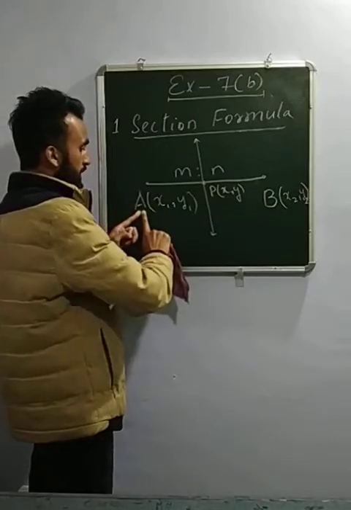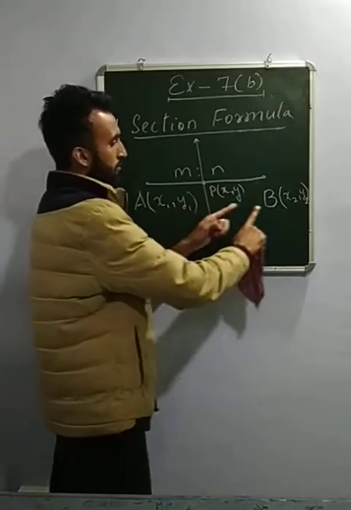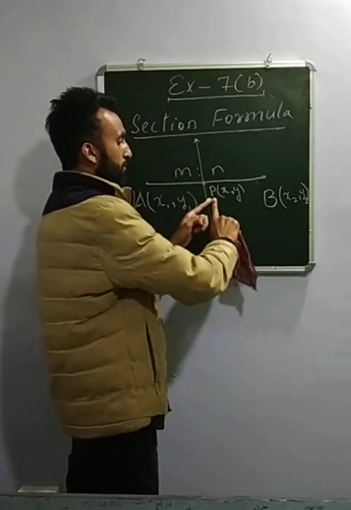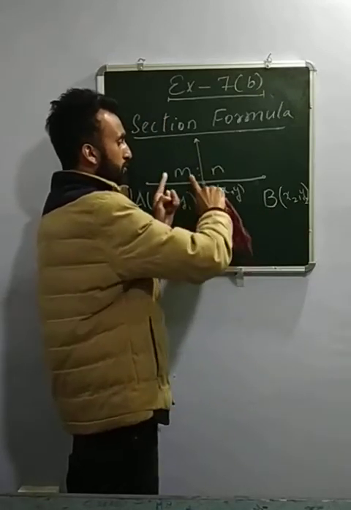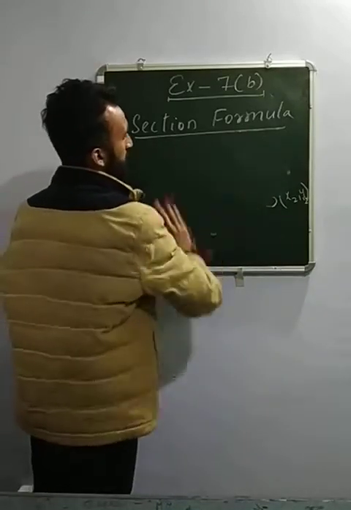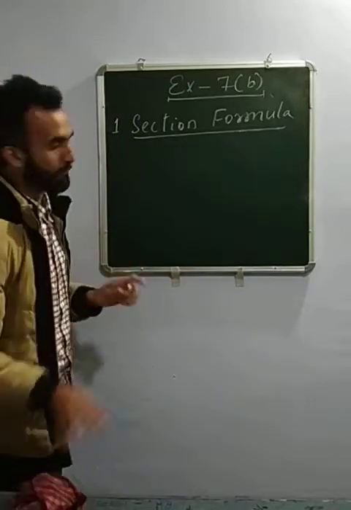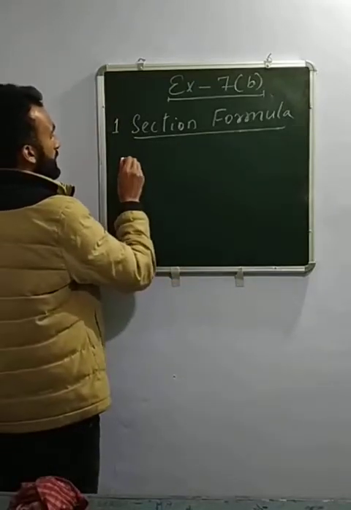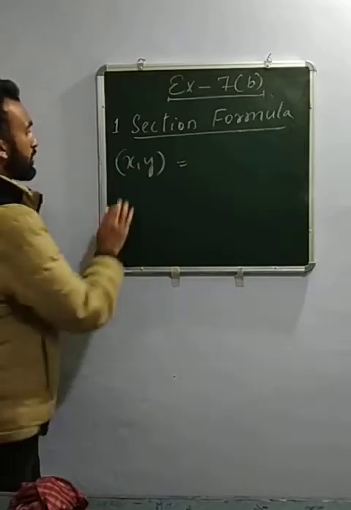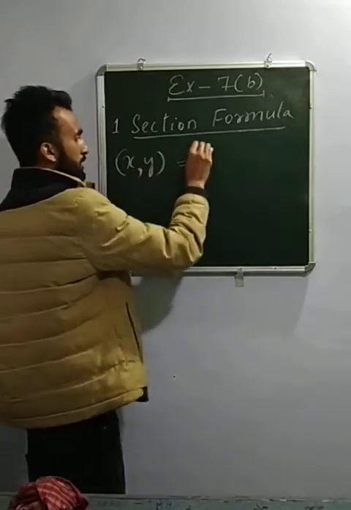Just remember, you have AB. The coordinates of A are x1, y1, the coordinates of B are x2, y2, and point P is x, y. This point P exactly divides AB in the ratio m is to n. Now, what is this section formula? You will get x, y equal to this.